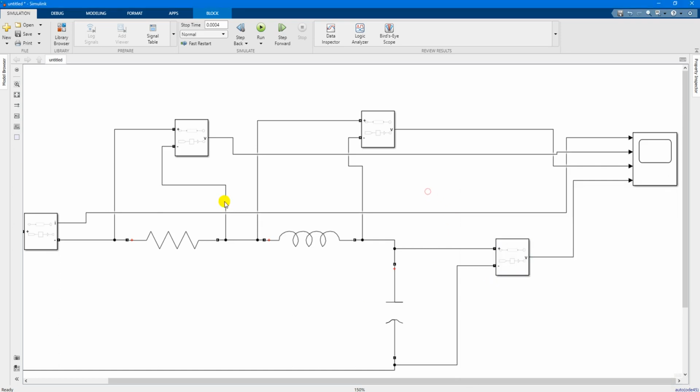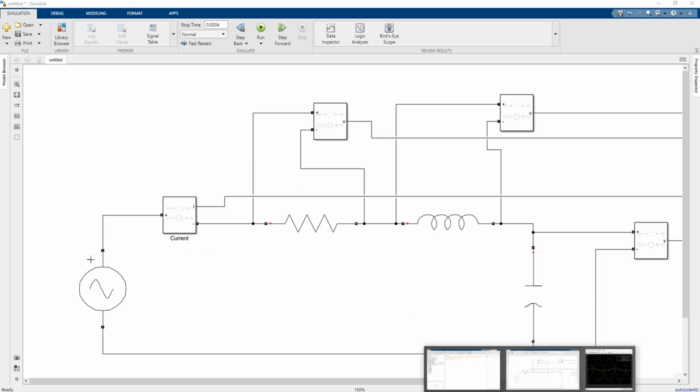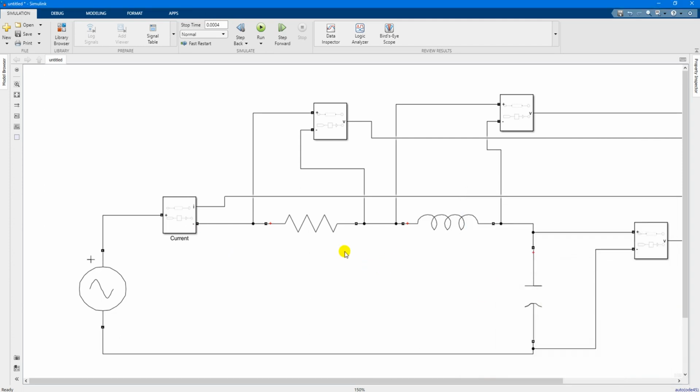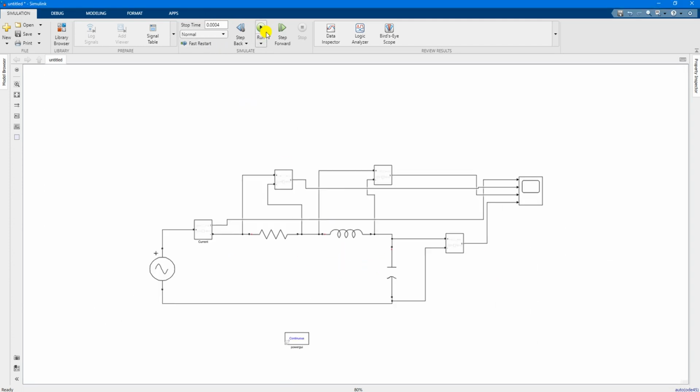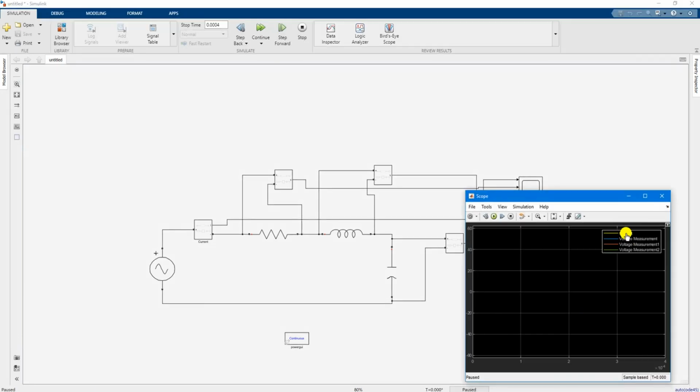You can also change this. If you would like to say, for example, current, you can write here current like this. Okay, then click. When we update or run the simulation once more, it should be changed. As you can see here, current.